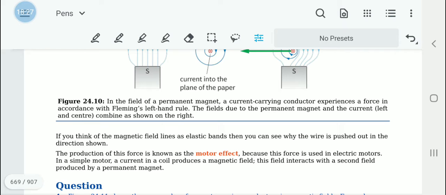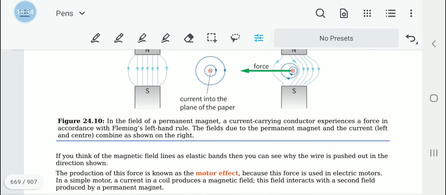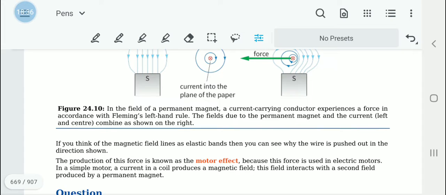So as a result, if we think about this force in this one, this force will kick the wire out of this system. This effect is known as the motor effect because we use it in electric motors.